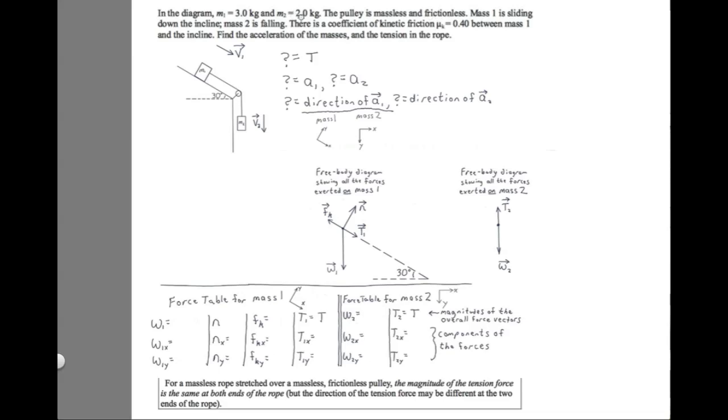The problem did not specifically say that the rope was massless, but that doesn't really make much difference because for an introductory physics course, we're generally going to assume that the rope is massless unless the problem indicates otherwise. Otherwise, there would be no way to get an answer to this problem. So we'll assume that the rope is indeed massless, and therefore the tension force is equal in magnitude at both ends of the rope.